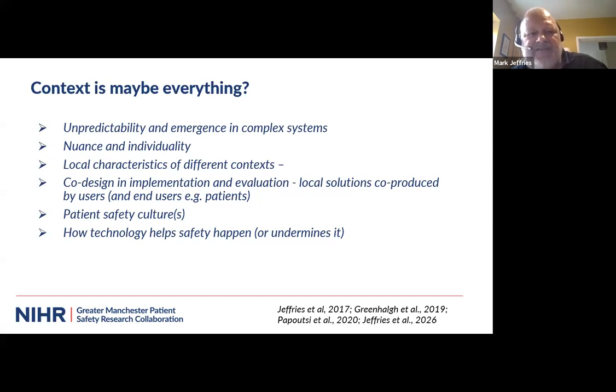I think patient safety is achieved within culture and within context and within social norms. I don't think patient safety happens just by putting some technology in. I think it's achieved through all of that, through those social practices and social processes. Technology does make safety happen, but it can also undermine it. It's also about making sure it does it right. Next slide, please.